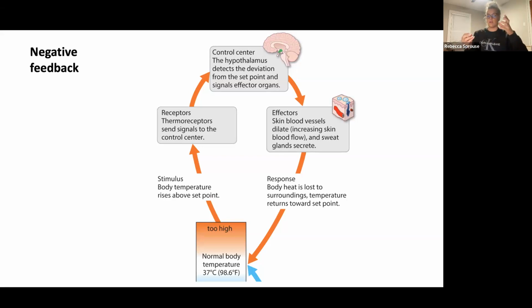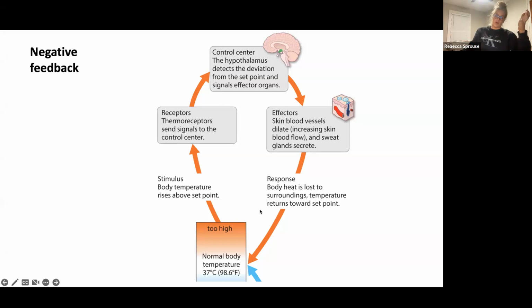For example, your normal body temperature is 98.6, but during the day it fluctuates. In the middle of the night your body temperature drops pretty significantly, and in the afternoon everybody's a little higher, at like 99 or 100 degrees normally. So the set point is 98.6, but we have this constant raising and lowering of body temperature all the time.